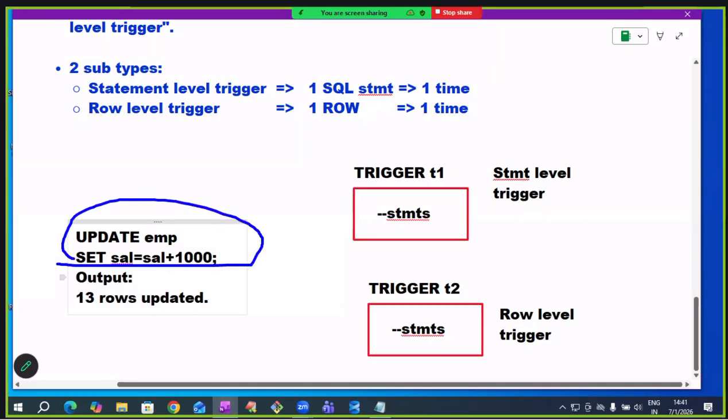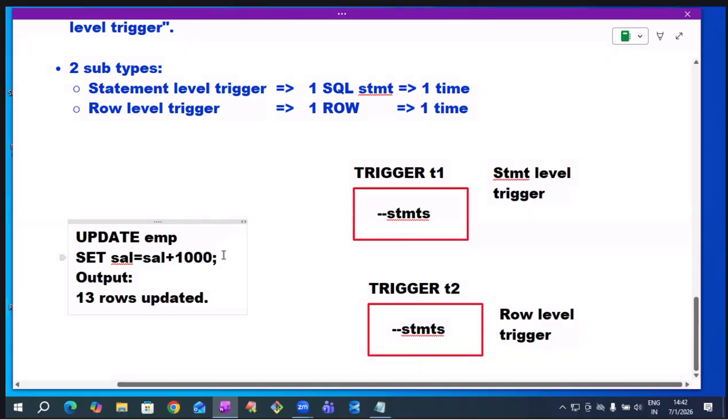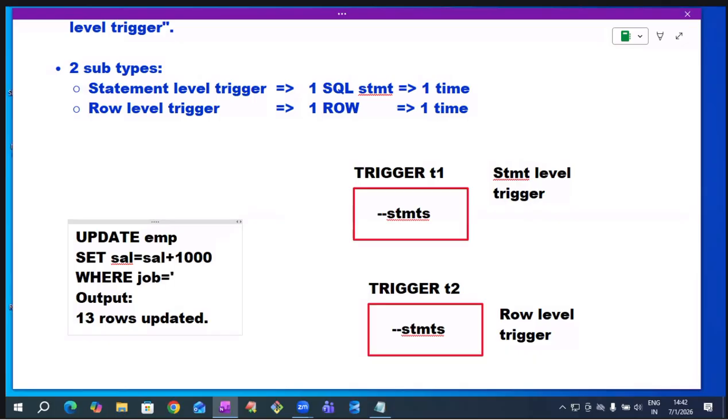For example, in this example, I am submitting one SQL statement. For one SQL statement, the statement level trigger gets executed one time. If the row level trigger is called, it gets executed 13 times, for every row, one time. Suppose I am submitting like this, where job equals manager.